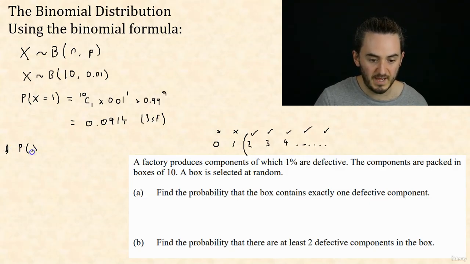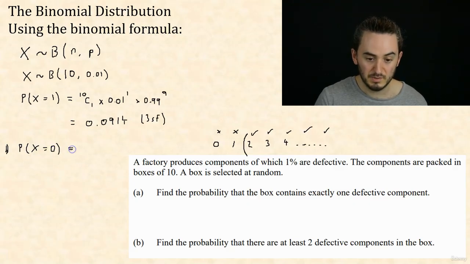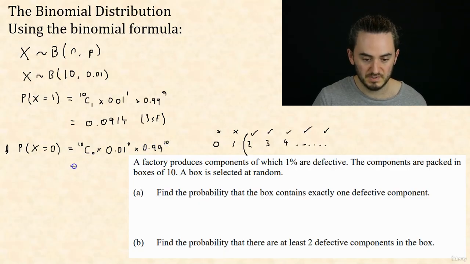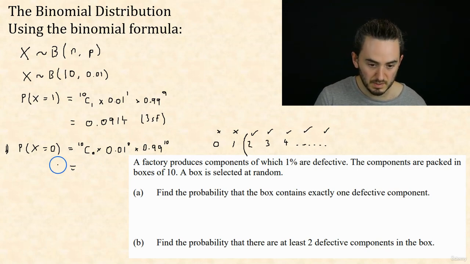So the probability that x is 0, using our formula again, is 10 choose 0 ways for it to happen. Success happens 0 times. Failure happens all 10 times. Multiply that out and we get 0.9044.